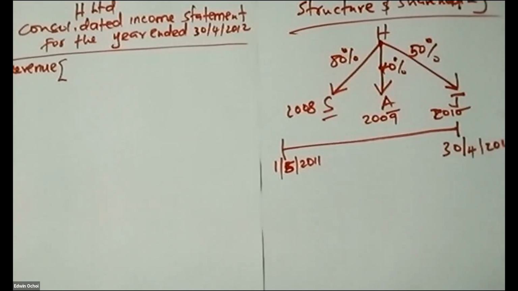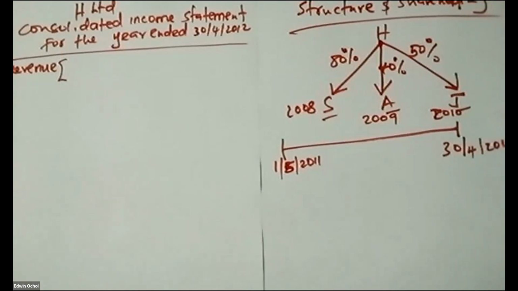In the previous years, they had already prepared their own statements. So the only thing you are doing is preparing the statement for the current year, just 1 year, starting 1st May 2011 to 30th April 2012.